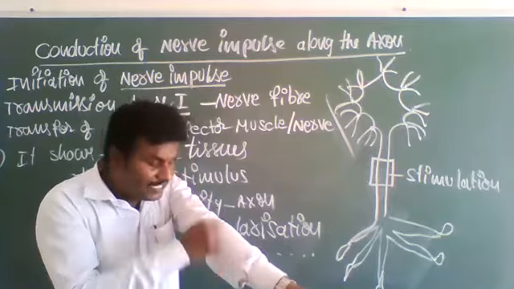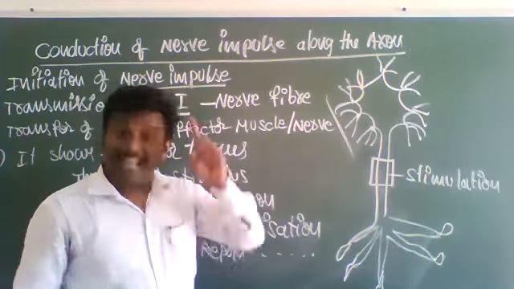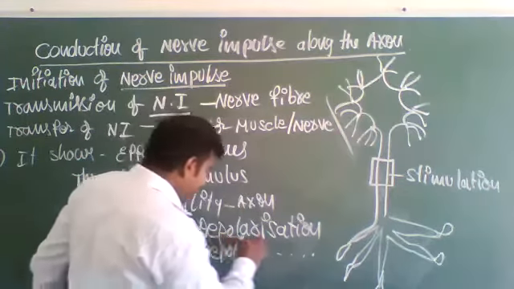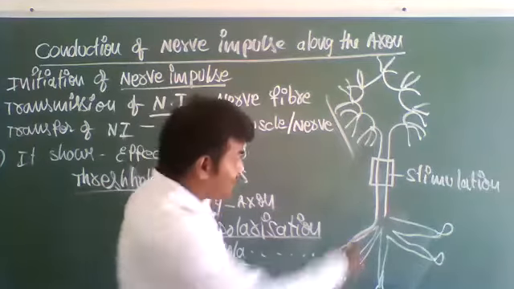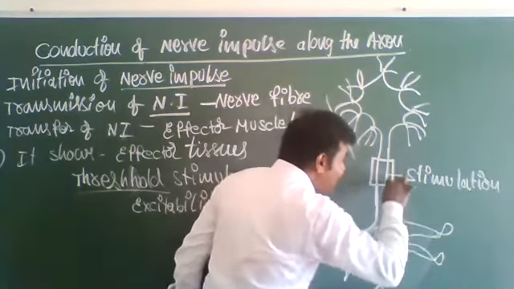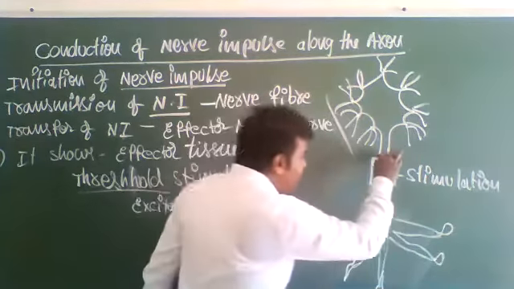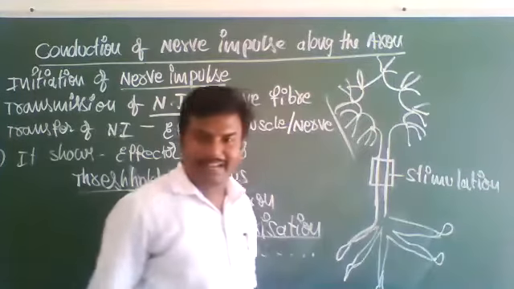Excitability I have given to the axon. At that time, in this particular place, the axon undergoes depolarization and repolarization due to the changes in the membrane permeability. This is membrane and this is membrane.